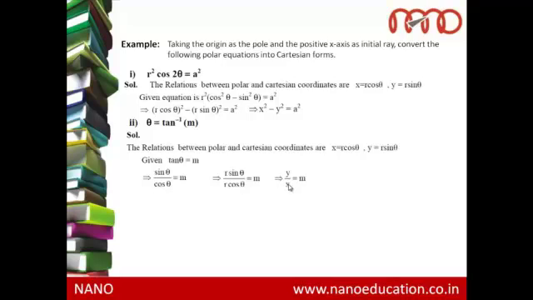So y/x = m, or simply y = mx. So tan θ = m represents lines passing through the origin and having fixed slope m.